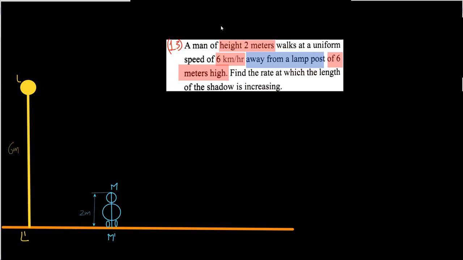Now, how do you get the shadow? See, this is the light emitting lamp. So this is the way you get the shadow. You see this? This is the way you get the shadow.